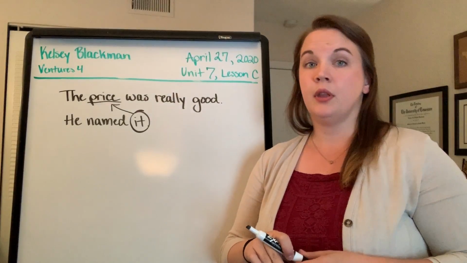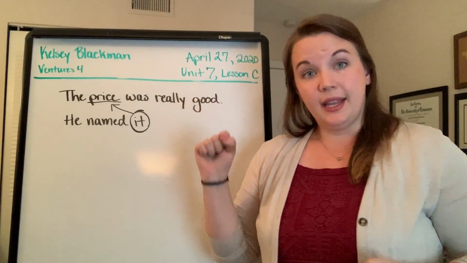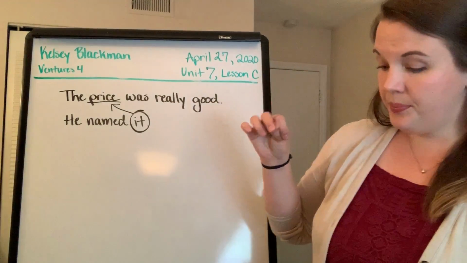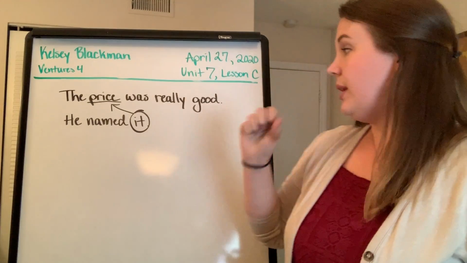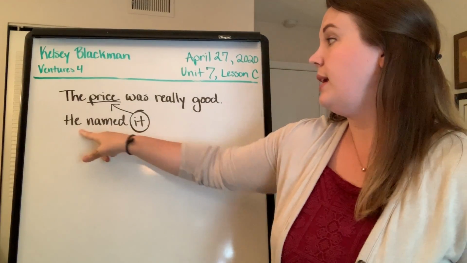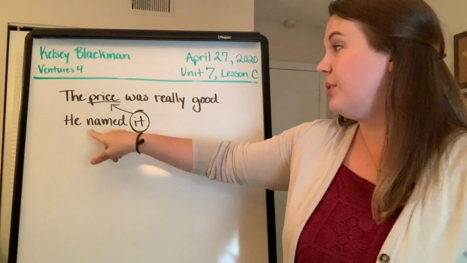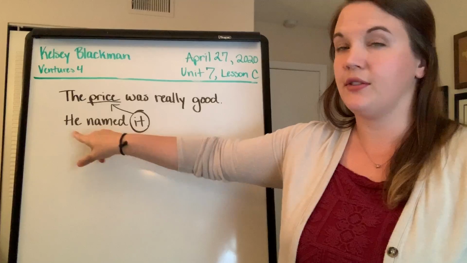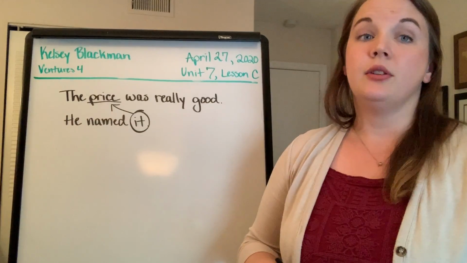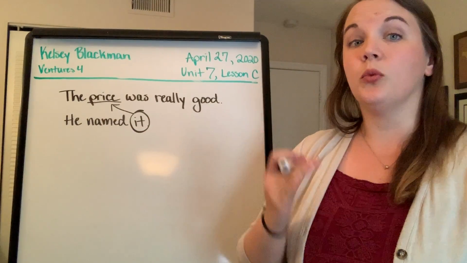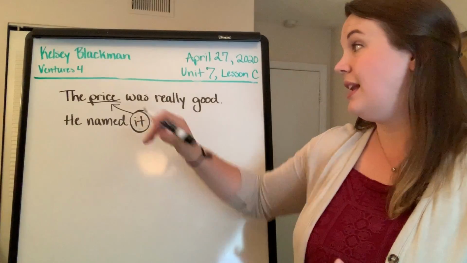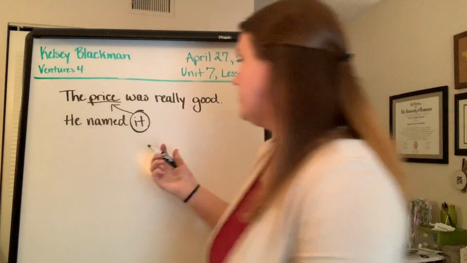So, if we take out it, and then we put he named, where are we going to put it? Where are we going to put he named, that adjective clause? Just like in the last one, it has to come right after the noun, which is the price.